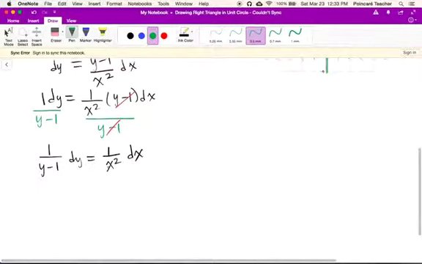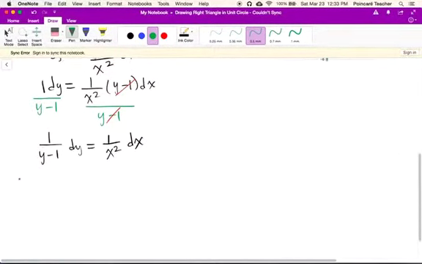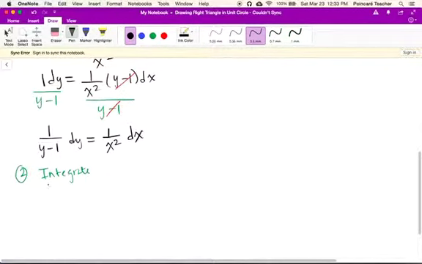Okay, so we successfully separated. Now we can move on to the second step of the method, which is to integrate. So what we'll have here is we're going to integrate 1 over y minus 1 dy and 1 over x squared dx.